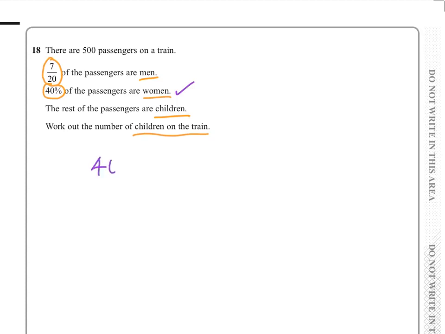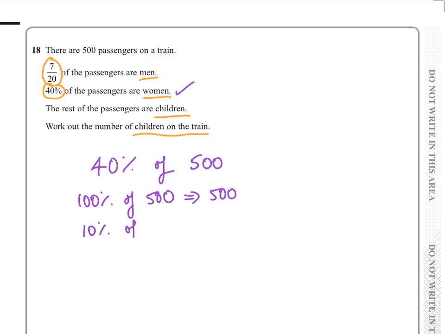So if we want to work out 40% of 500, well, 100% of 500 is 500. 10% of 500 would be 10 times less, which is 50. 20% of 500 would be 100, because I just doubled this and doubled this.